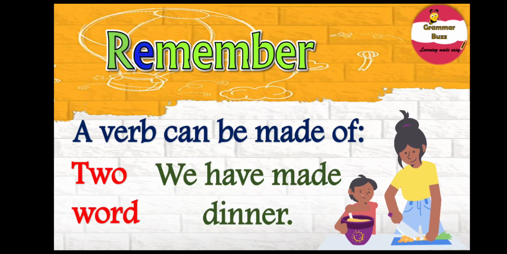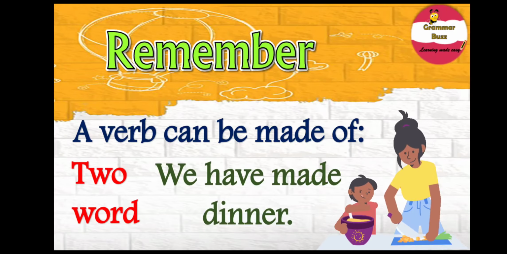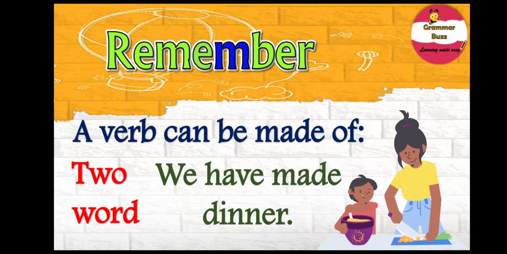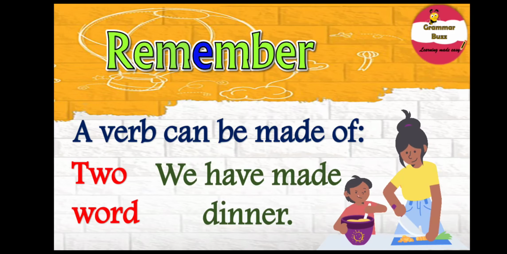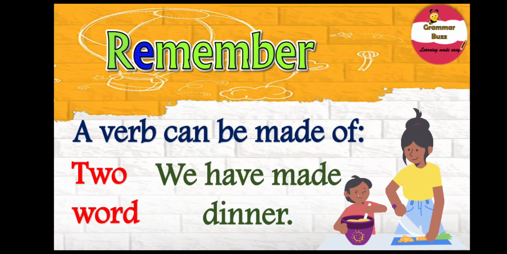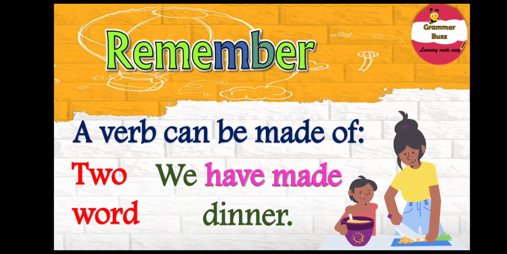But there is another verb just before the main verb made. So what kind of verb is have? Can you tell me? Yeah, right. Have in this sentence is the helping verb, which helps the main verb to express its action. So you see, 2 words can also make up a verb. Okay, time for another example. Let's see what it is.